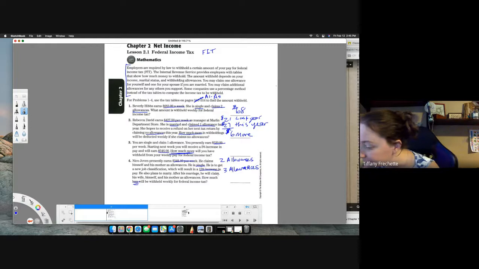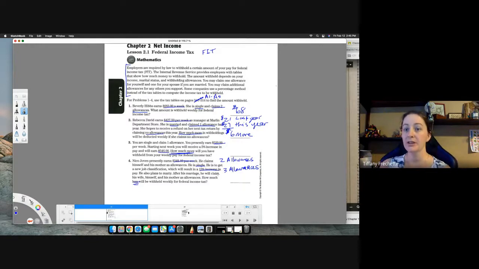I do believe, and this is more of a teacher note, so if you're looking at this with your teacher and you notice the answer doesn't match up with what you calculated, I do believe they forgot to change the allowances from 2 to 3 in the second one here, because it's the only way that you get the same answer as they're asking for. So in the end, it should be a bit more.